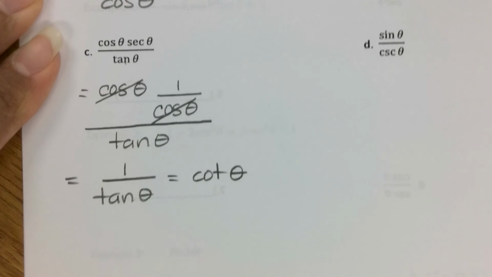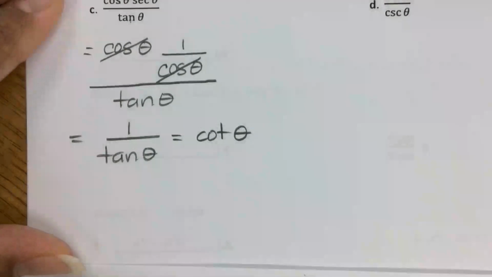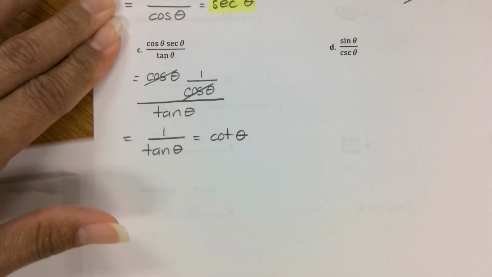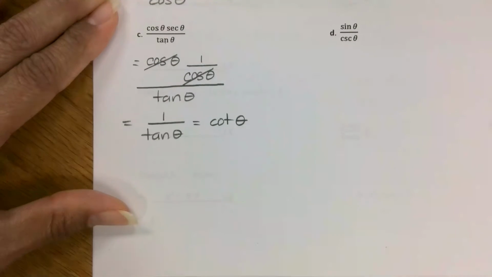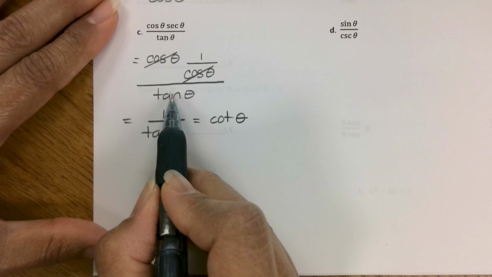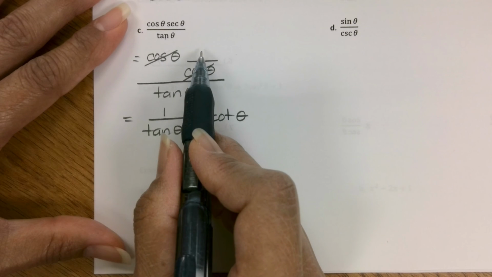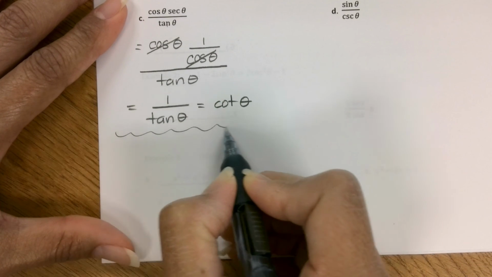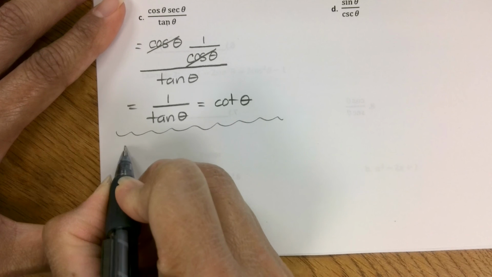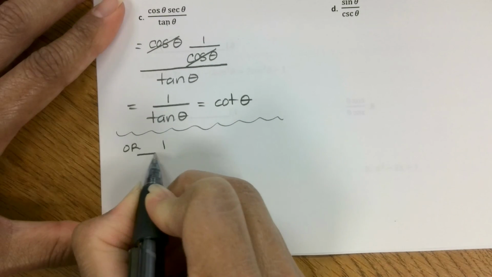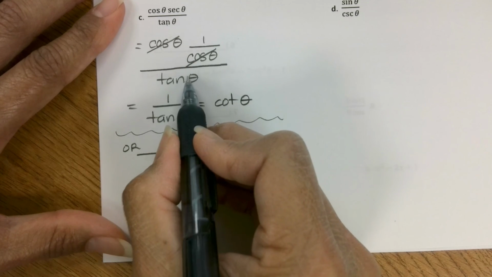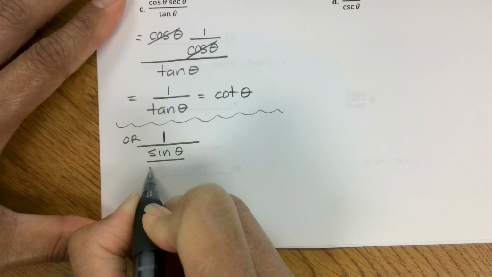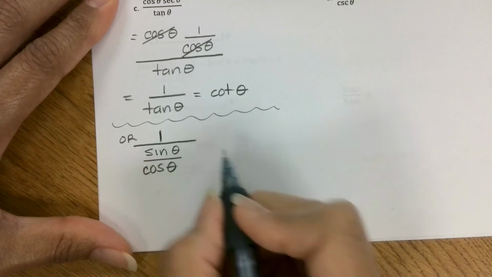Now, if you did it the other way, I just want to show you how it doesn't matter if you decided to choose the other way, it would still work out. Let me zoom out. Okay, let's say you decided that you did want to split up this tangent theta. So these canceled, and you have 1 over this tangent theta. You could have said, I want to write it as sine over cosine. I want you to see how you will end up with the same answer.